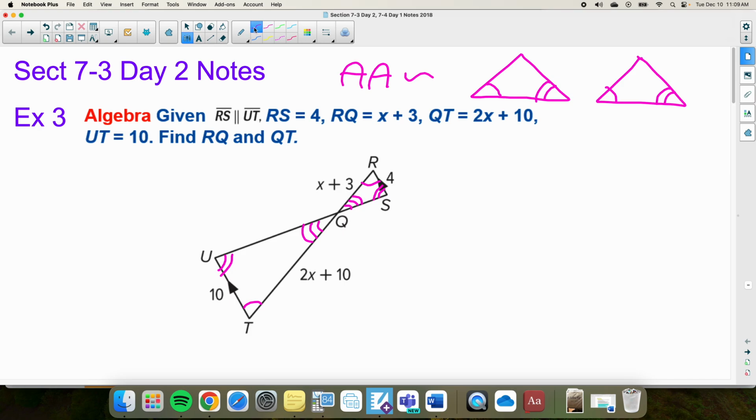So we need to do a proportion, first of all, to find what X is. Notice that 10 is between an angle with 1 arc and 2, and so is 4.